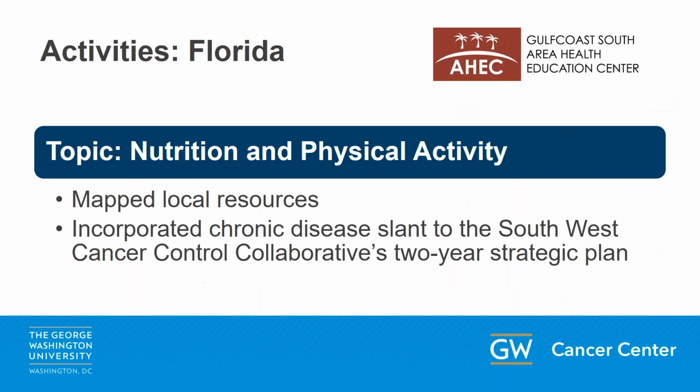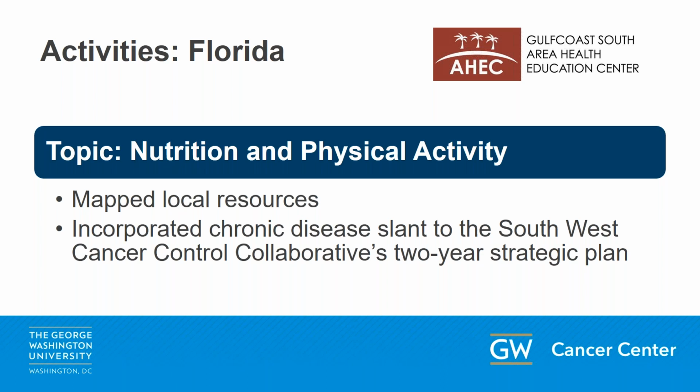In Florida, they also chose physical activity and nutrition. They were able to get together at the roundtable and basically after the roundtable decided that they wanted to map the local resources for promoting nutrition and physical activity across the state. So they accomplished that.